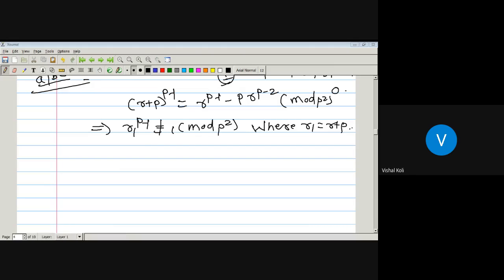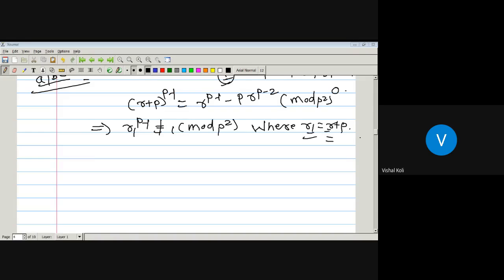So we have taken one primitive root r of p such that if r to the power p minus 1 is not congruent to 1 modulo p square, then the proof will be over at this step only. But if possible, we have supposed that r to the power p minus 1 is congruent to 1 modulo p square. Then we have found one more primitive root r1 of p such that r1 is nothing but r plus p. But over modulo p, this r plus p is nothing but r, and r is a primitive root, which implies r1 is again a primitive root of p.